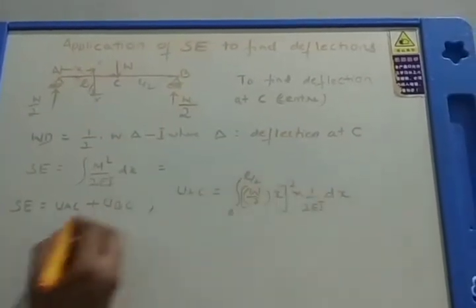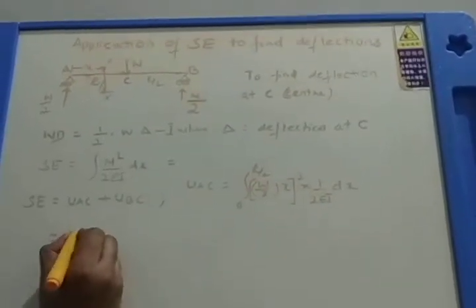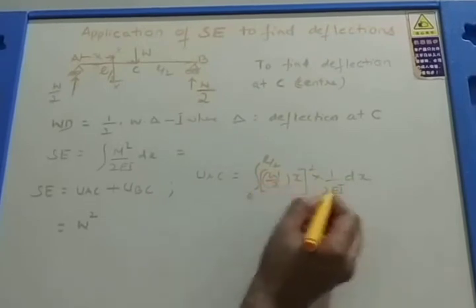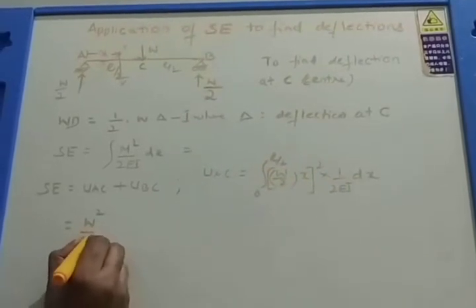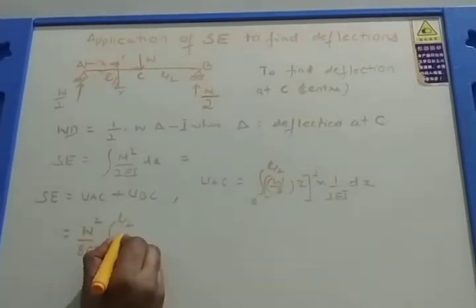Let us simplify this now. Keep the things that are constant outside. W square is constant, 4 into 2, 8EI is constant. What is left out? Integration 0 to L by 2 x square dx.